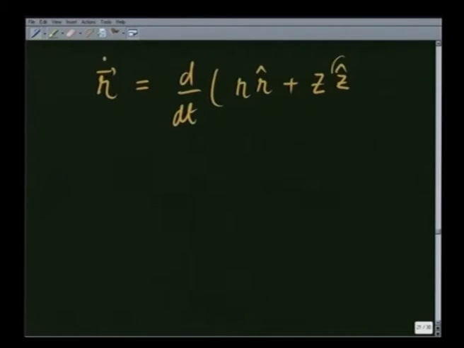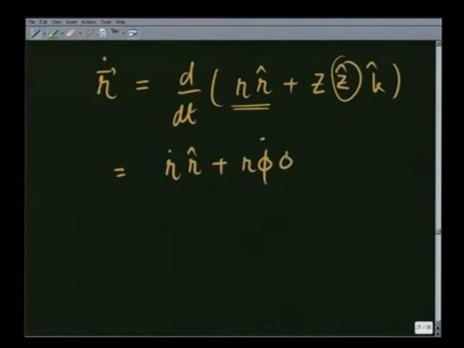You are more used to calling this k, so I am using them interchangeably. This is going to be equal to r dot r plus, I have already derived this, so I am going to write the result right away without any derivation, r phi dot phi plus z dot k or z dot z. There is no derivative of this, because z unit vector is fixed.